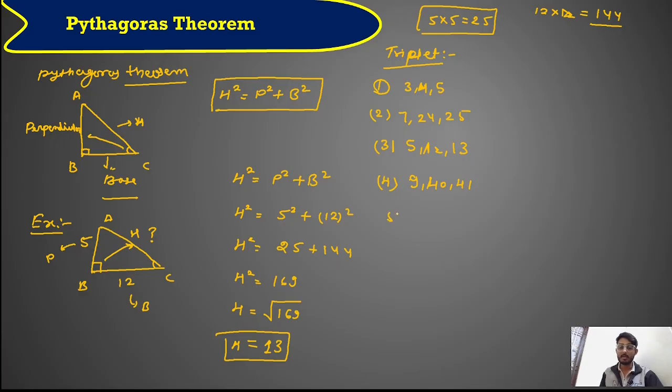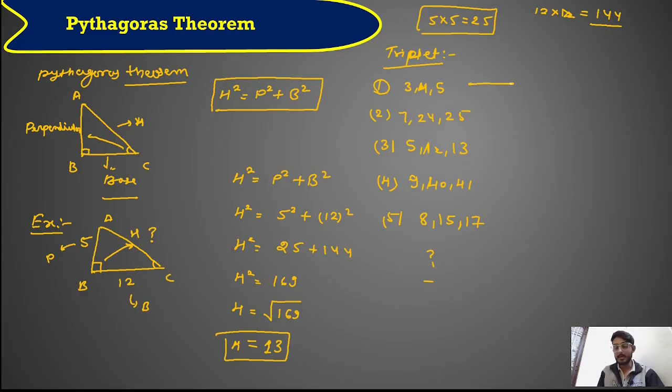For 8 you can take 8, 15, 17. And there are many more triplets you can learn as well, but these triplets are more important.